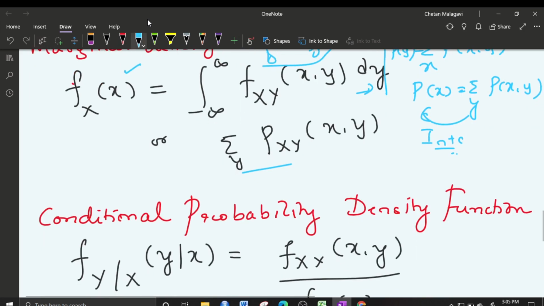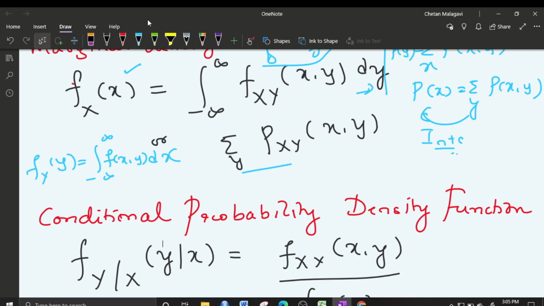And similarly, f y of y can be given by the integral from minus infinity to plus infinity of f of x y, and since you want to get y, you should integrate with respect to x. Okay, so over the range of x you should integrate, fine.